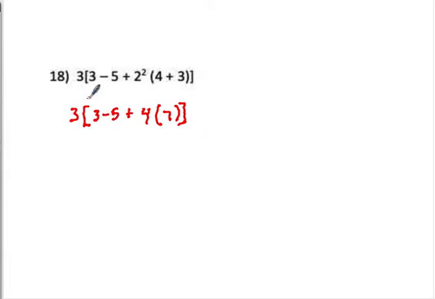So I'm okay with any, like I said, it's okay to do these things, multiple steps at a time when they're of equal value in the order of operations. Just don't combine steps that you should keep separate, even though you can do them in your head. So this one, it's okay to go ahead and do 3 minus 5 because it doesn't affect what's going on right here. So 3 times negative 2 plus 28.